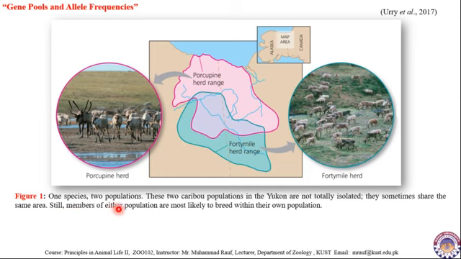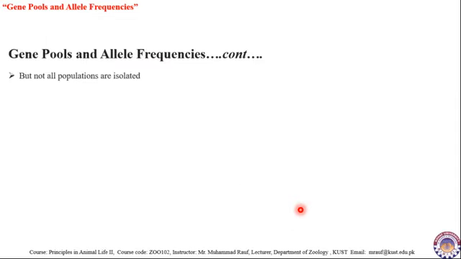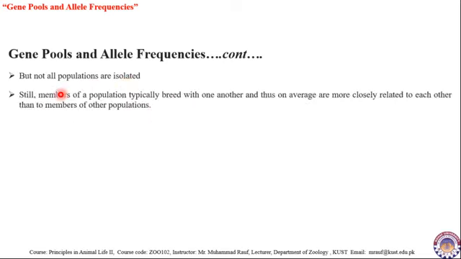Still, members of either population are most likely to breed within their own population. But not all populations are isolated. Still, members of a population typically breed with one another and thus on average are more closely related to each other than to members of other populations.